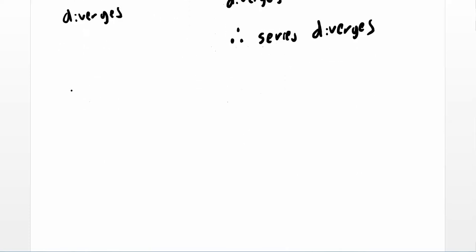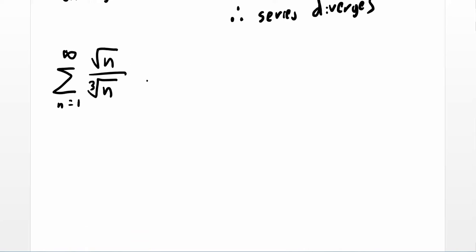Okay, another example. Okay. So we'll rewrite this. This is n to the 1/2 divided by n to the 1/3.